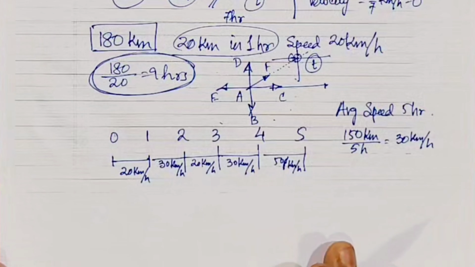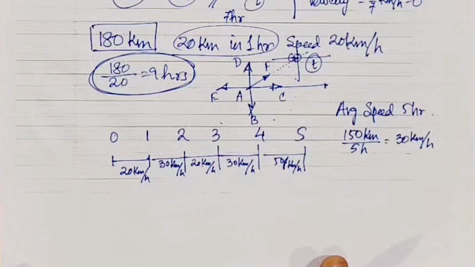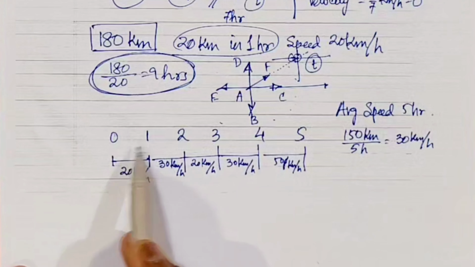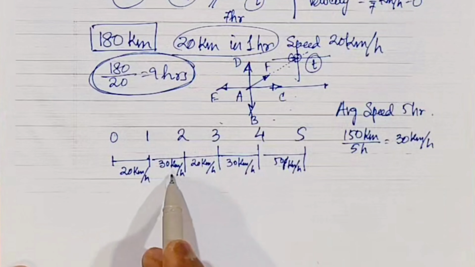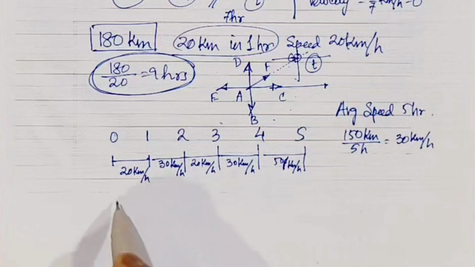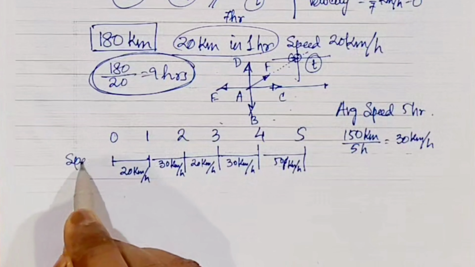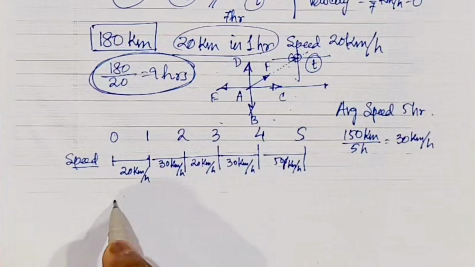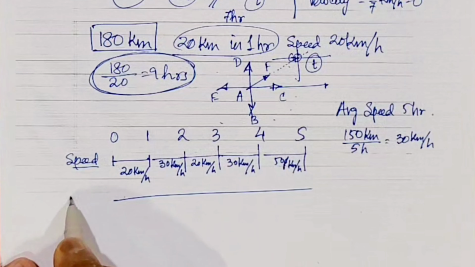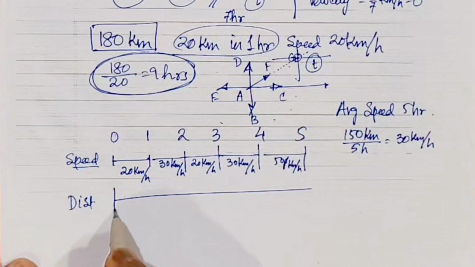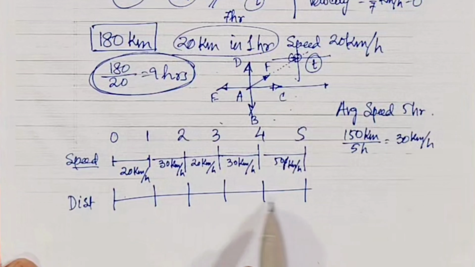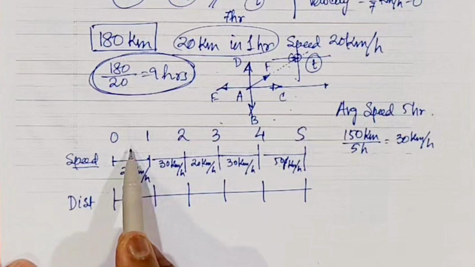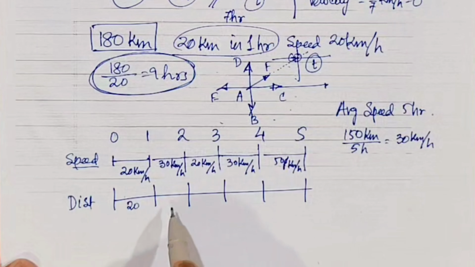Now how did we arrive at that? Since these are all 1 hour intervals and the speed was 20 kilometers per hour, 30 kilometers per hour and so on, this was a speed chart. If we draw a distance chart here with the same markers 0, 1, 2, 3, 4, 5, 20 kilometers per hour for 1 hour, it has traveled 20 kilometers.